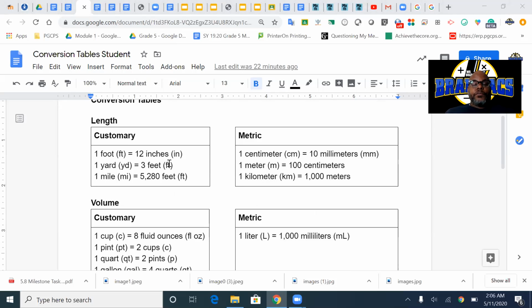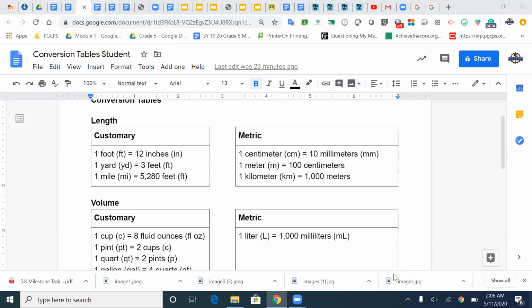So we're going to look right now at our conversion table, customary or standard units. So 1 foot equals 12 inches, 1 yard equals 3 feet, 1 mile equals 5,280 feet. All right. So let's look at our whiteboard.